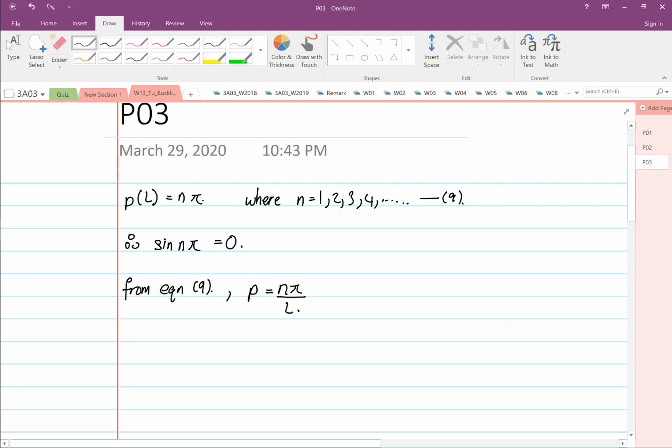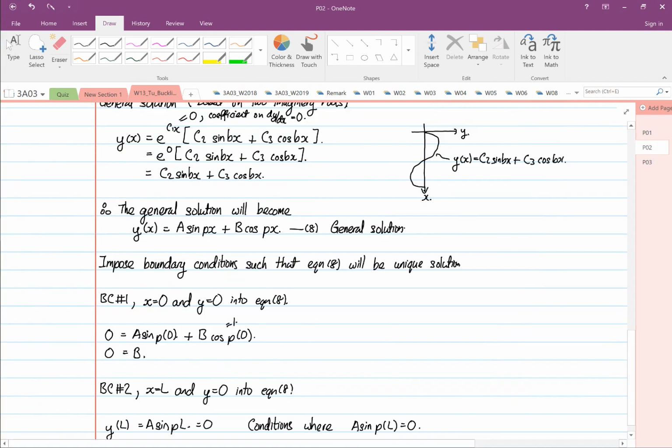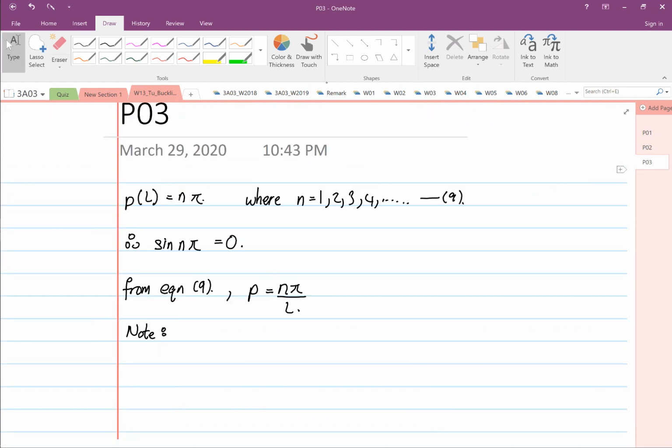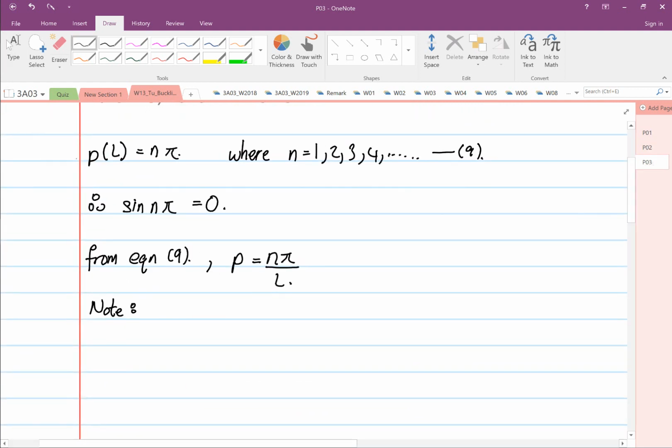Note that we already have the expression, small p is equal to the square root of P over EI.